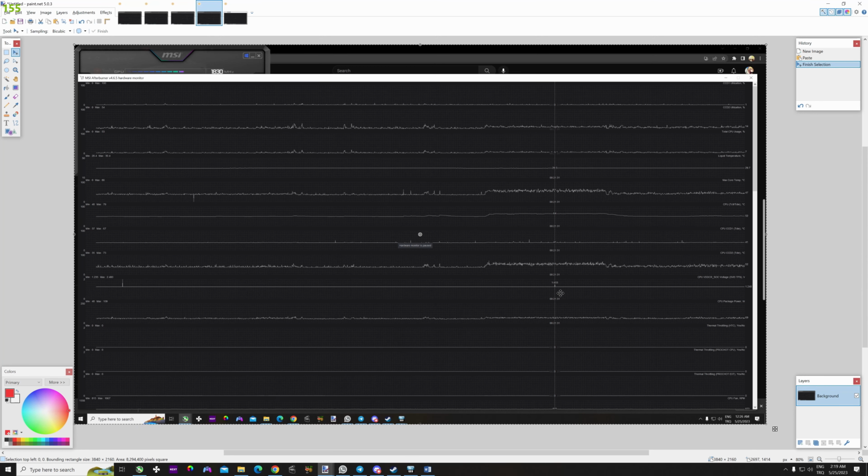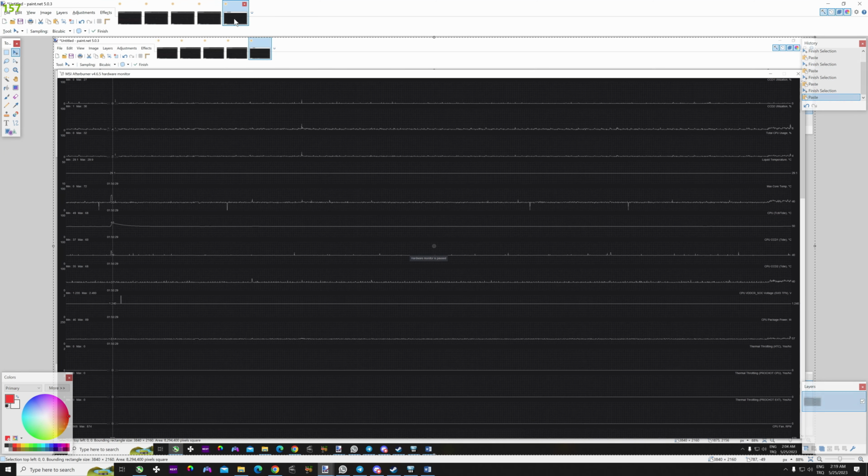And I would love to say that I wasn't able to get these again since that time, but unfortunately in the last 2 hours I saw at least, I think, 3 more spikes like these. Let's see, here's one.